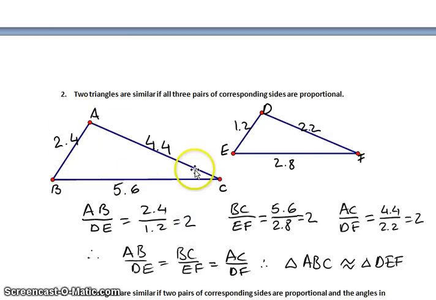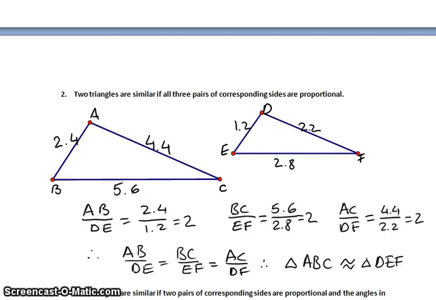BC with EF, their ratio is 2. And again, the ratio of the other pair of corresponding sides is 2. If the three pairs of corresponding sides are proportional, therefore the two triangles are similar.